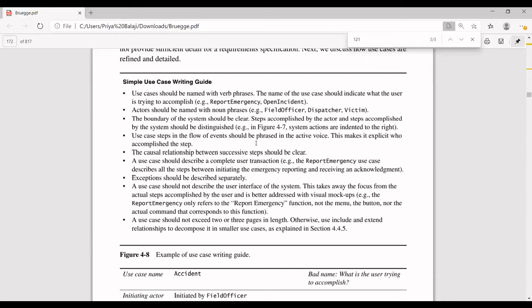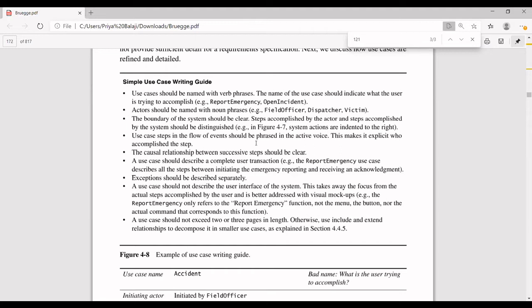So the name is not exactly meaningful. We wrote a use case for the library, issue book. Instead of issue book, I'm just giving it as book. If any actor sees that the use case name is book, he will not come to know whether it is issuing a book, or returning a book, or searching for a book, or available books. He doesn't know.